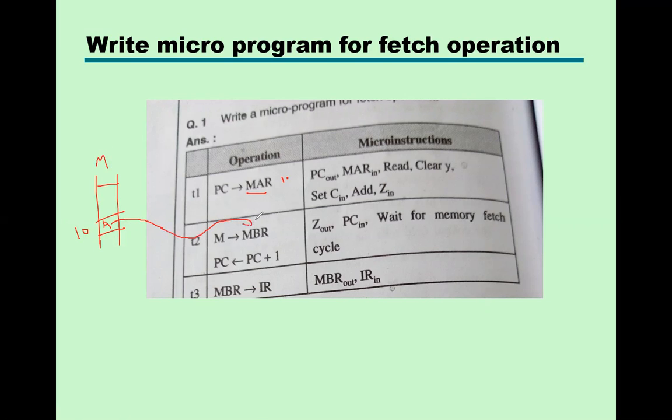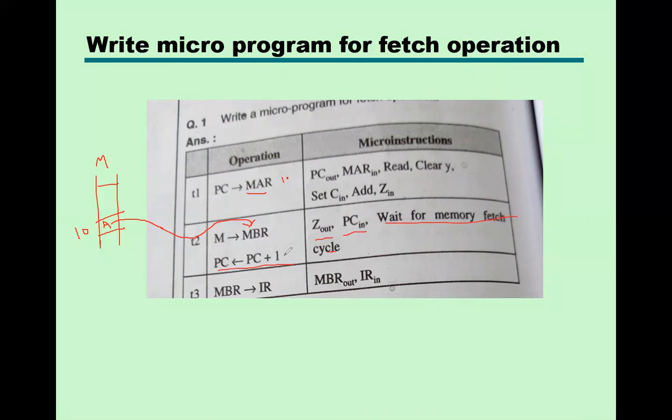Again, for this kind of operation, multiple micro instructions are required, like Z out, then PC in, wait for memory fetch cycle. After reading this, the PC is incremented by 1, PC equals PC plus 1.